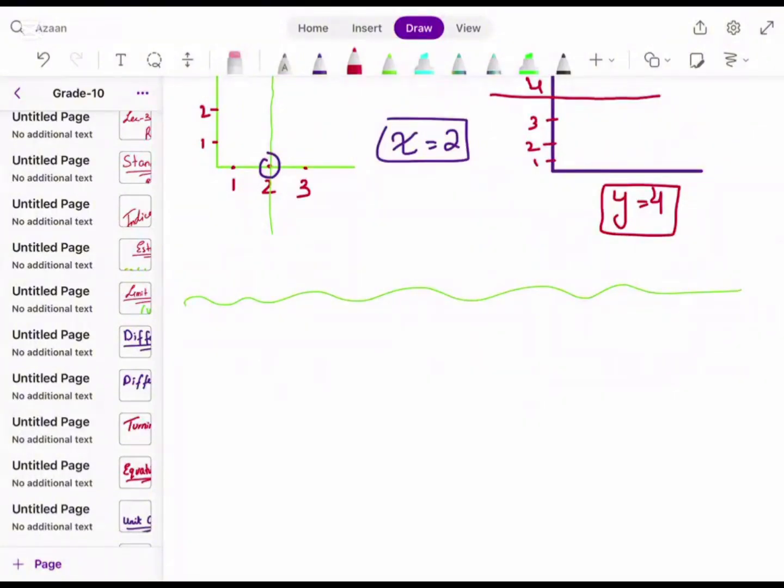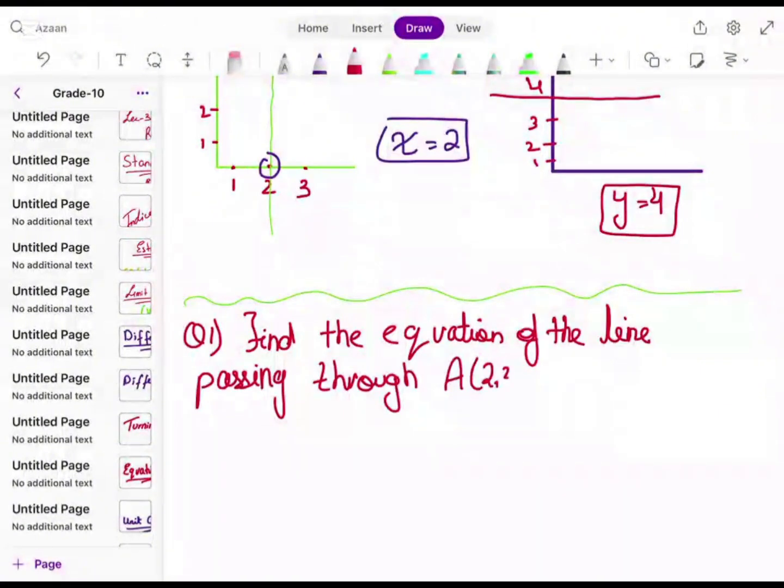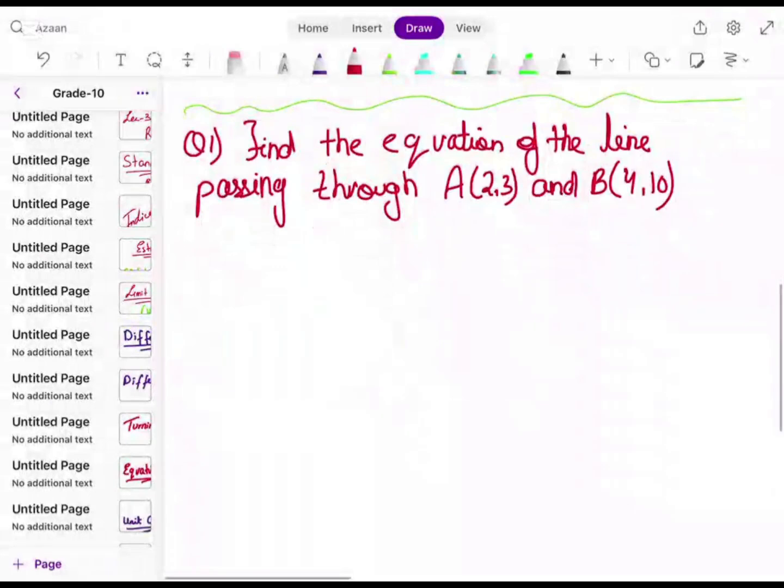For example, the question is, find the equation of the line passing through A, that is 2, 3, and B, that is 4, 10. The question is, find the equation of the line.